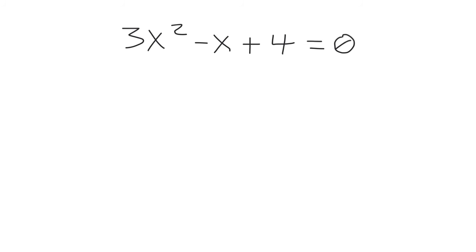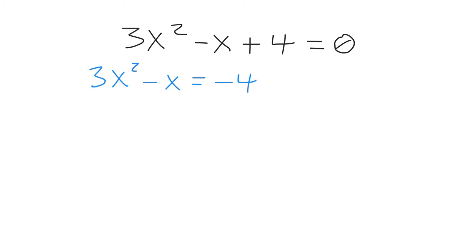And you do have to do things a little bit differently when you have that leading coefficient. So first of all, go through the same thing that you did before, where you send the 4 over to that side. So this is going to become 3x squared minus x equals negative 4.